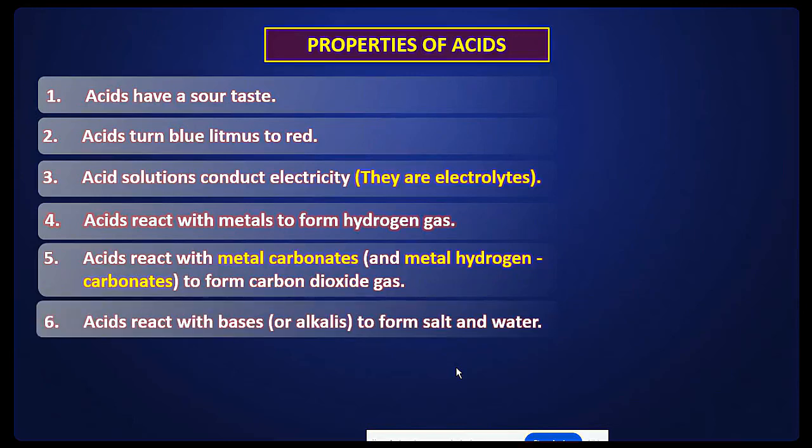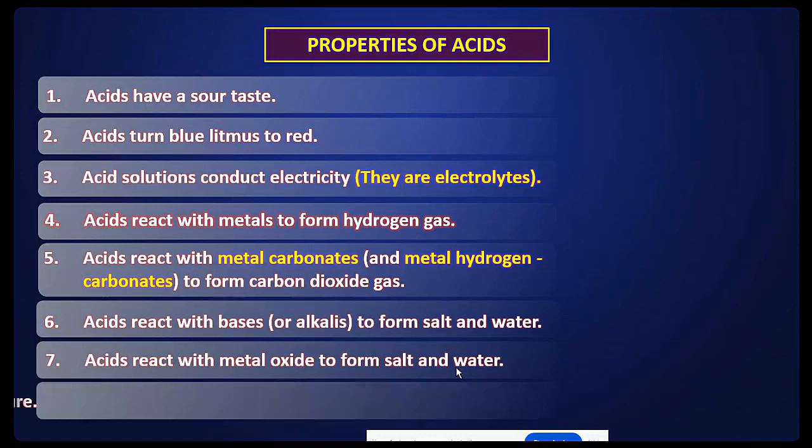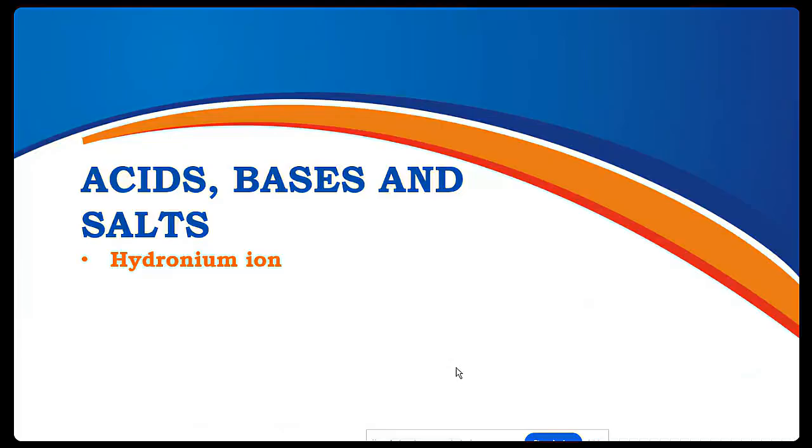Acid reacts with bases or alkalis to form salt and water, also known as a neutralization reaction. Acid reacts with metal oxides to form salt and water. Here metal oxides are basic in nature or basic oxides. Acids have corrosive nature. Is it clear? So these are the 8 properties of acids.